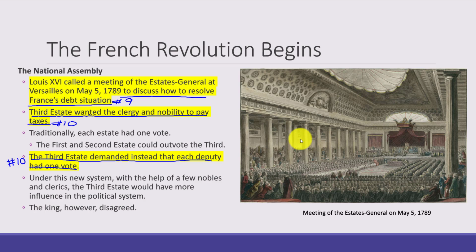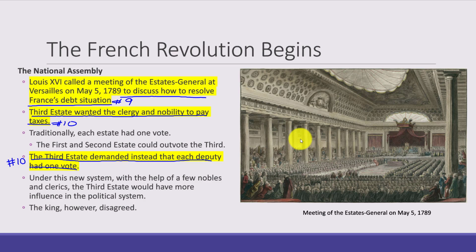Number 10 is that the third estate wanted the clergy, which is your first and second estate, to pay taxes. Remember, they're either not paying taxes or they're paying very little, right? However, when it came to the voting, traditionally each estate only had 1 vote.